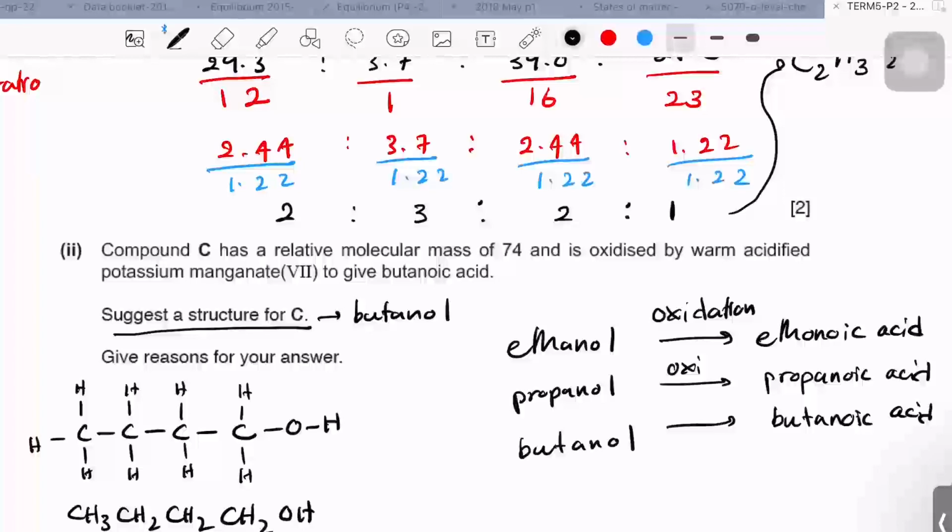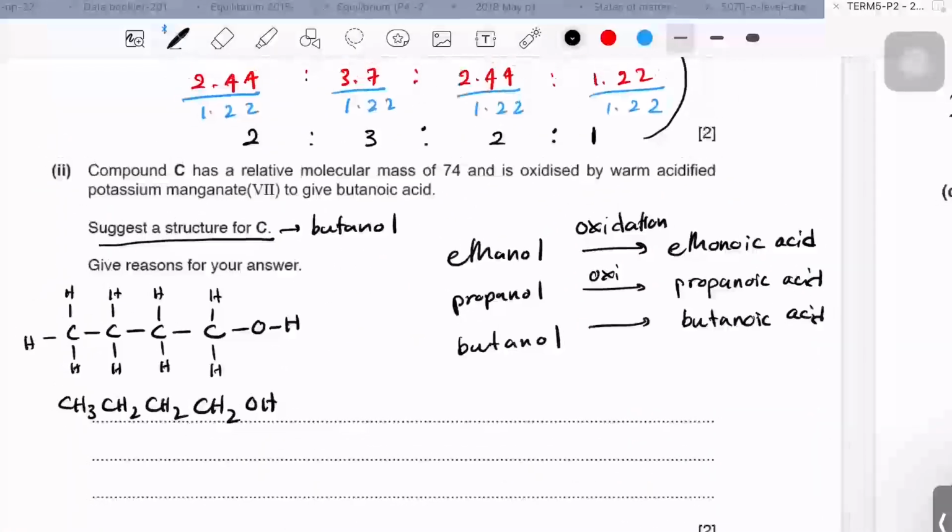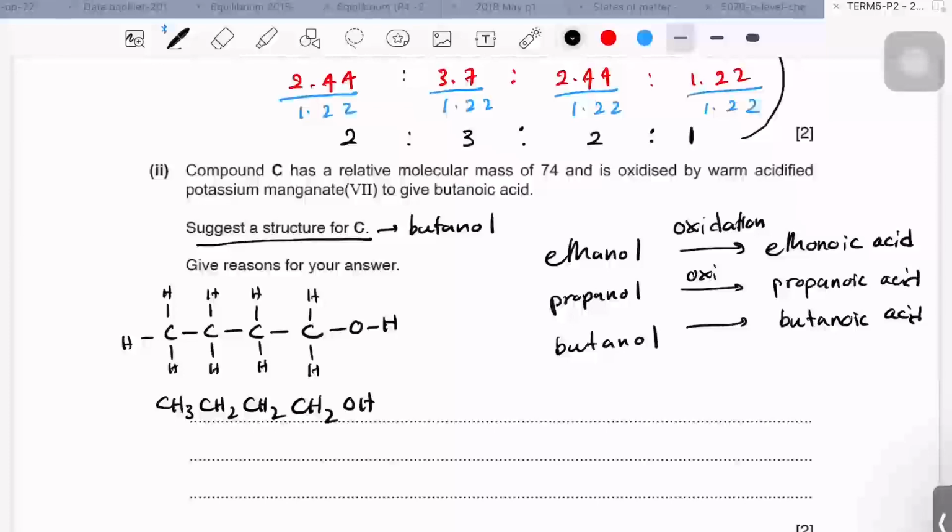Now we have to explain the answer, right? So we figured out C is butanol because the carboxylic acid has 4 carbons. The alcohol should have 4 carbons in the structure. So we can write the explanation for this. Quickly copy this down. Have you all finished copying?